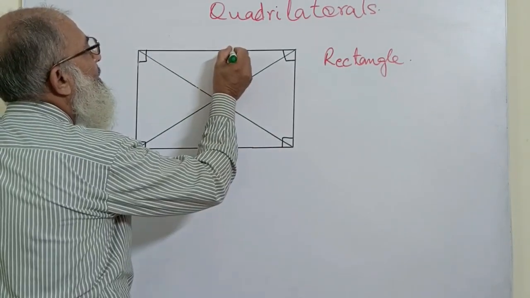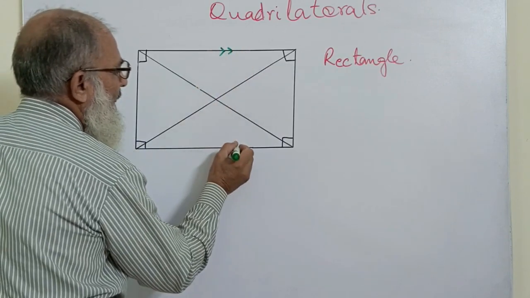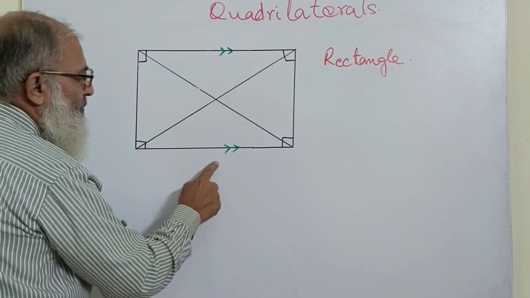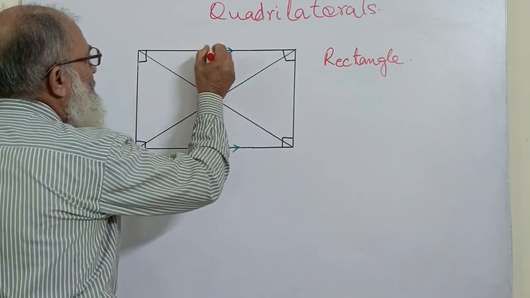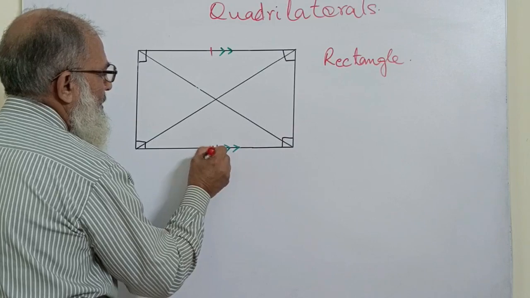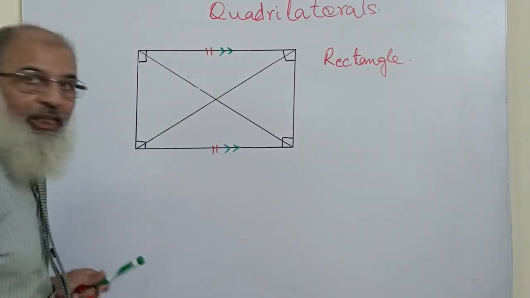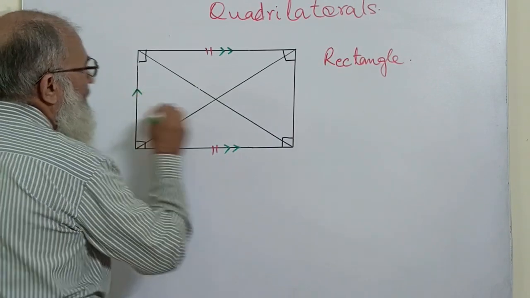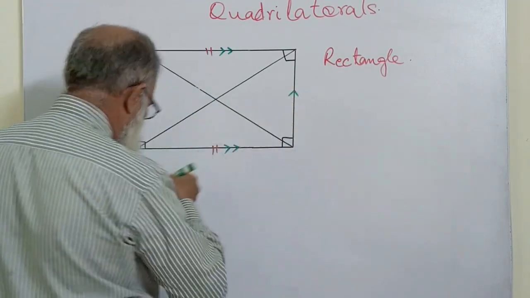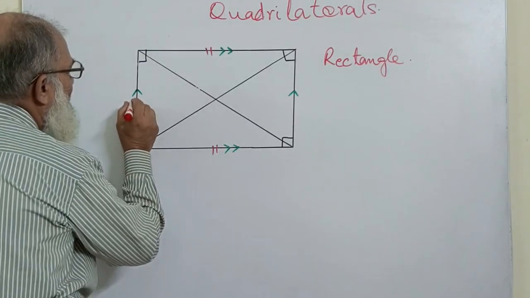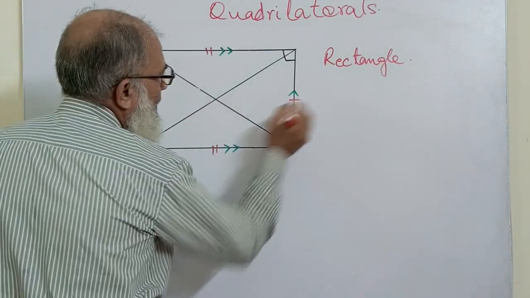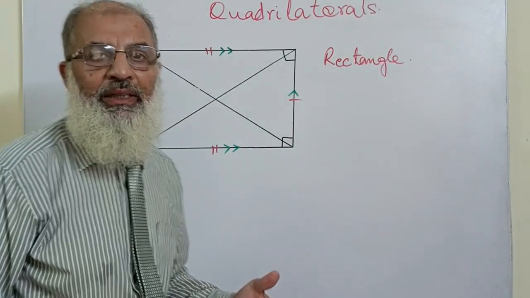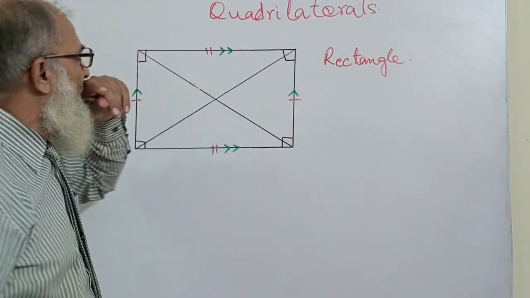This side is parallel and equal to this side, and this side is parallel and equal to this side. The same properties as I discussed in the parallelogram.